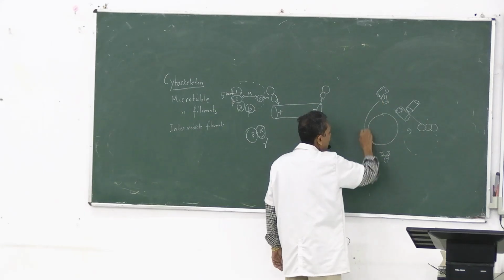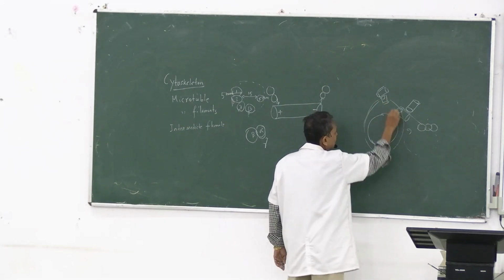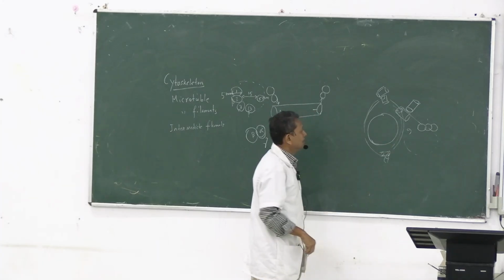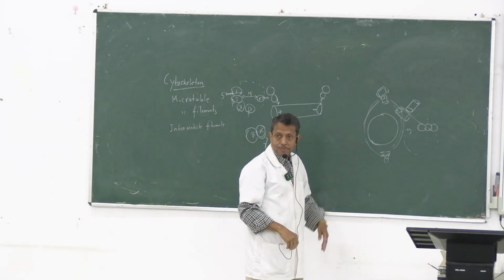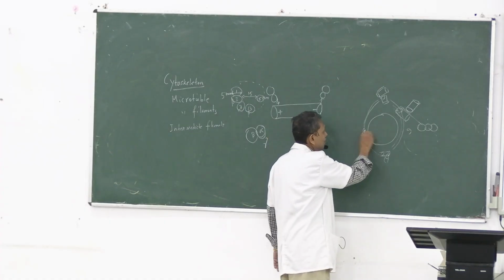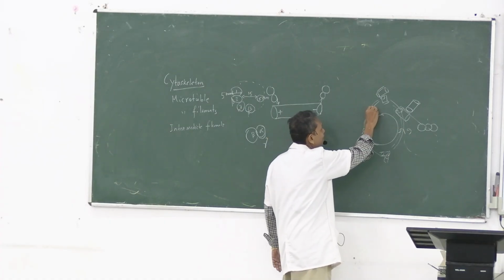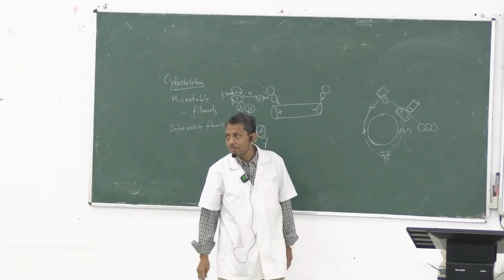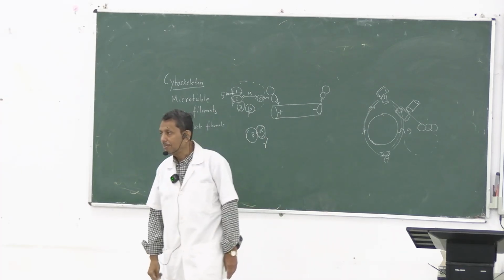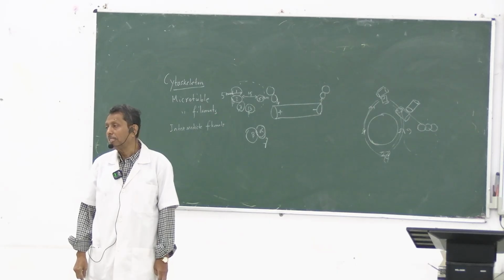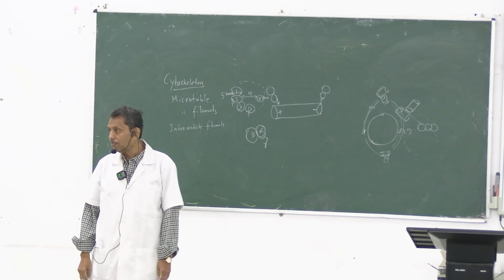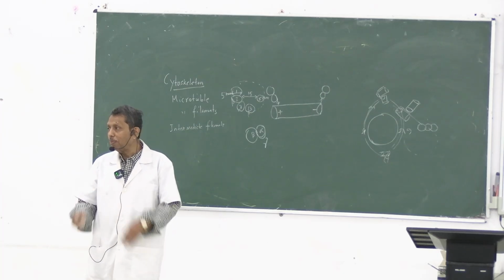They are connected by these microtubules. The nuclear envelope breaks down, and the chromosomes unite with them and move in this way. You can remember these stages: prophase, metaphase, anaphase, telophase. Ultimately they reach the poles, and then the cytoplasm divides.